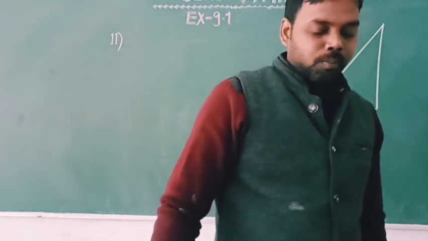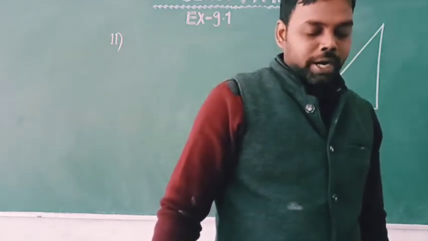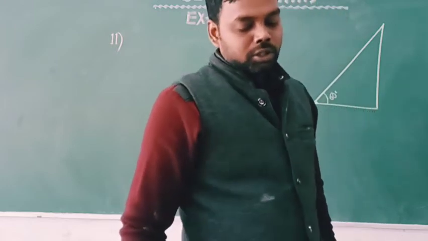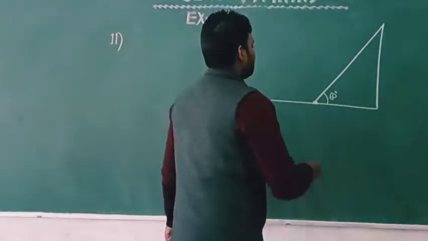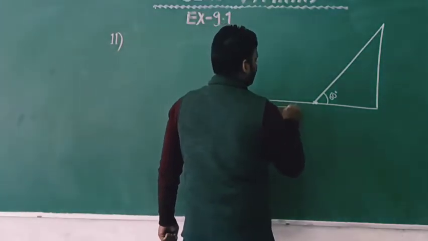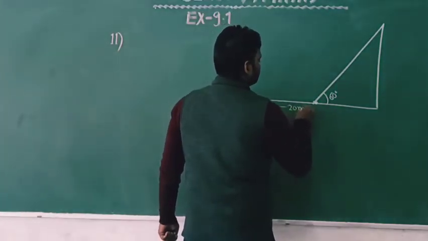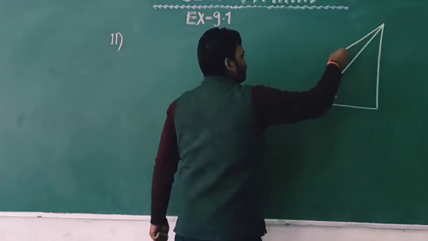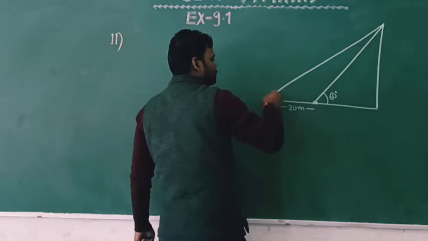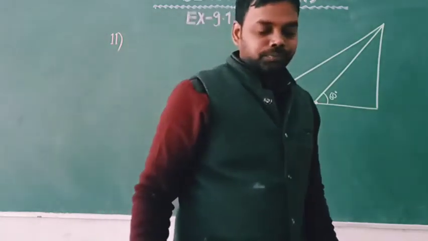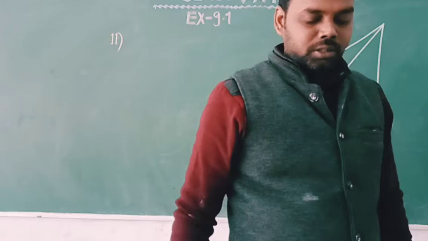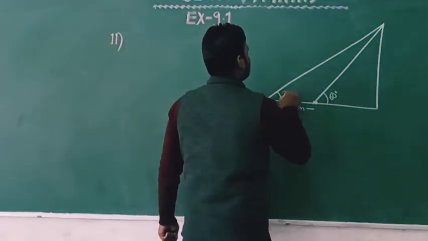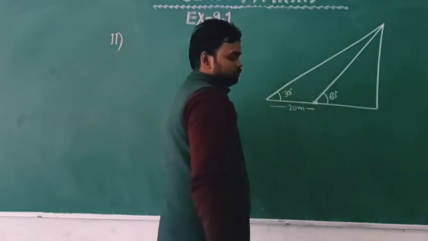And from another point which is 20 meters away from this point, on the line joining it to the foot of the tower, the angle of elevation of the top of the tower is given, which is 30 degrees.